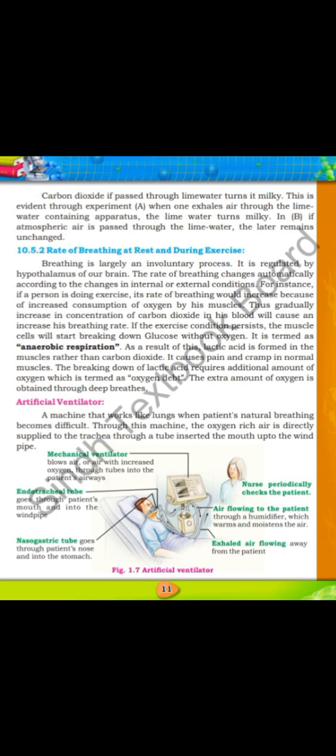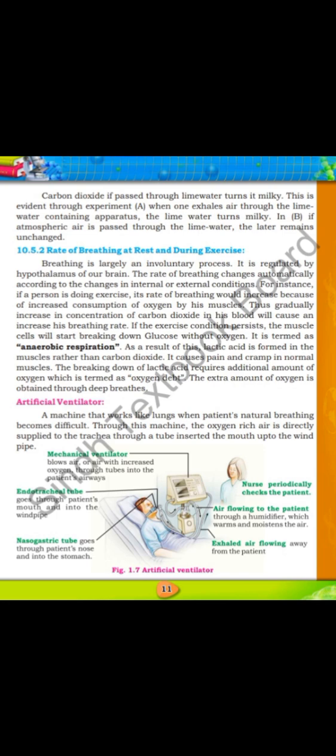And dear students, now let's know what is artificial ventilator. So dear students, a machine that works like lungs when patients' natural breathing becomes difficult.